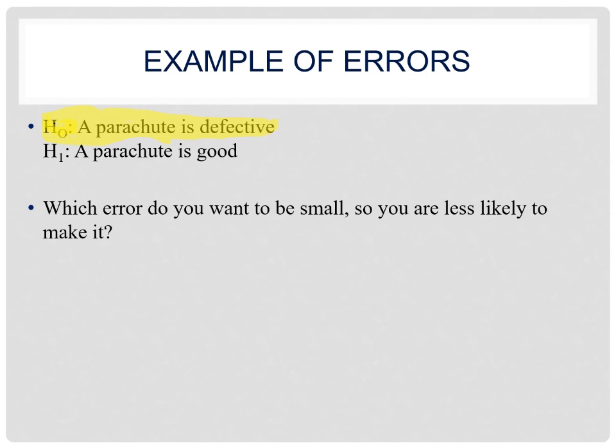It's not ready to be used, not until it's gone through a whole bunch of testing. Once it's gone through its testing, the parachute becomes good. And those become our two hypotheses. If those are the two outcomes of testing, either the parachute remains defective, that's the assumption, and we learn it's still defective and no good, or now it's cleared, and it's good.